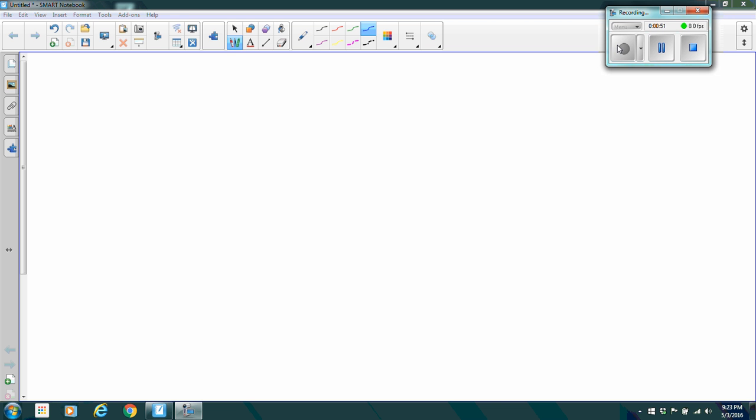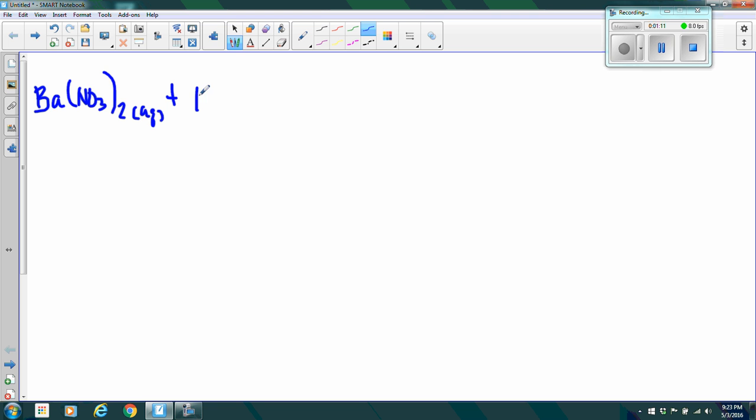So the first thing that you need to do is write a balanced equation. Hopefully you will be able to do that now in your sleep because you guys are such pros at this. So we are going to take our barium nitrate, and we know that this is an aqueous substance, and we're going to add potassium chromate, and again this is another aqueous substance, and we are going to get barium chromate, which is going to be our precipitate.